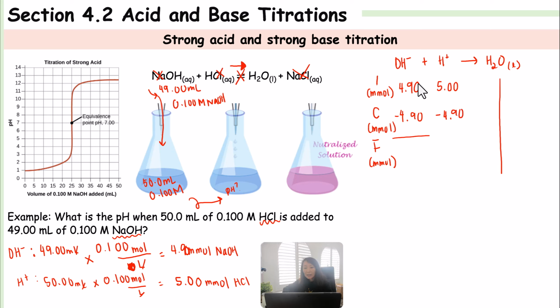In the final, at the very end, if you add the I and the C, this becomes 0. What about for the hydrogen? 5 plus the negative 4.90 would end up being 0.10. Okay, 0.10 millimoles of hydrogen ion.